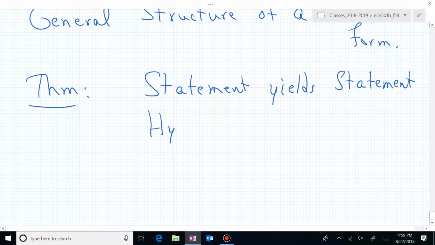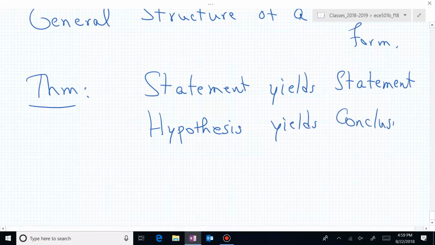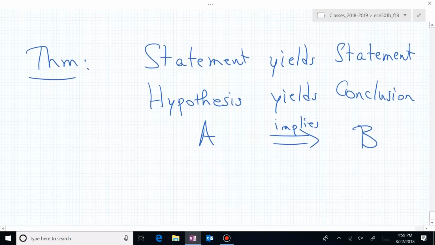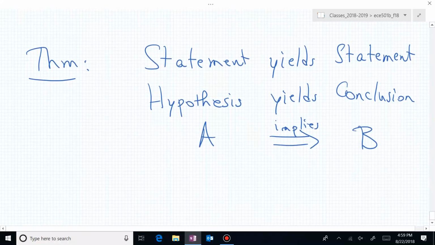Or you could think of having a hypothesis, a true statement, yielding a conclusion. Or A, with this arrow, implies B. The same way of thinking, or different ways of inferring the same thing.